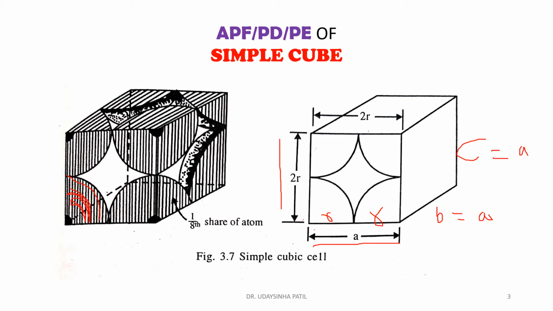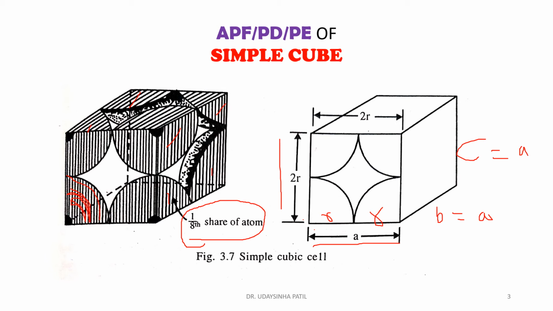We can say that there are 8 corner atoms: 1, 2, 3, 4, 5, 6, 7 and 8. Therefore, each corner atom contributes its 1/8 share for a single unit cell. 1/8 part of the corner atom.